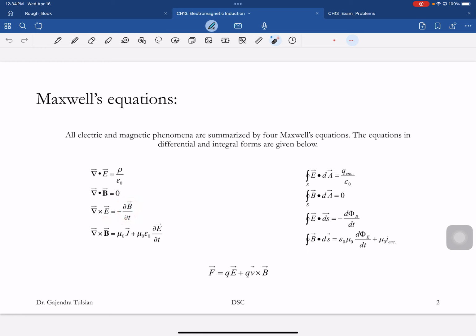And I'll show you a configuration. So the form of the equation tells you the following. So for instance, if you have magnetic fields like that, I'm just showing you one configuration.